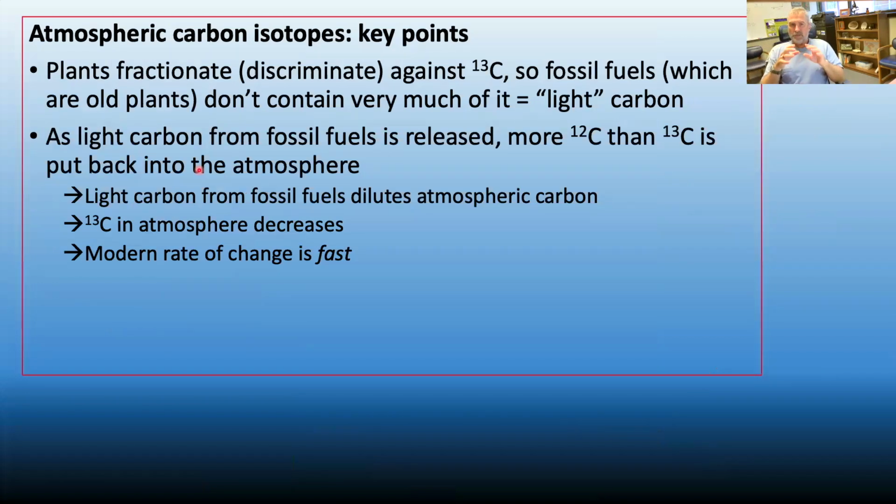So, key points I want you to get from this. Plants fractionate or discriminate against carbon-13, which you'll recall is a lower percentage in the atmosphere anyway, only about 1% of the atmosphere. So fossil fuels, which are old plants, don't contain very much of it. They have light carbon, primarily carbon-12. As light carbon from fossil fuels is released, more carbon-12 than carbon-13 is put back into the atmosphere.